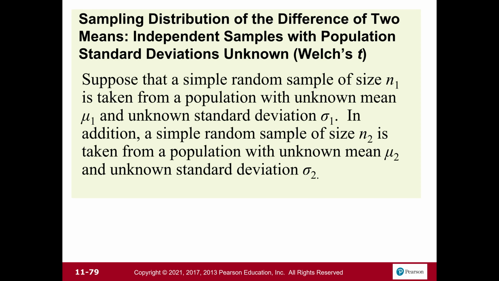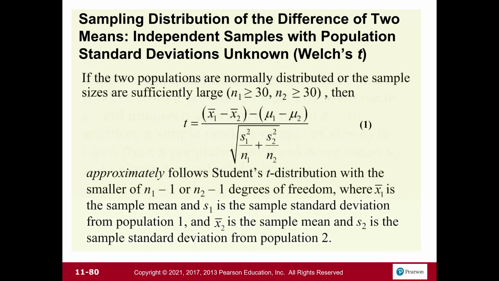So the sampling distribution of the difference of two means, the independent samples with population standard deviation unknown, is the Welch's t-test. And suppose that a simple SRS of size n1 is taken from a population with unknown mean, mu 1, and unknown deviation. In addition, an SRS of size n2 is taken from a population of unknown mean and unknown deviation.